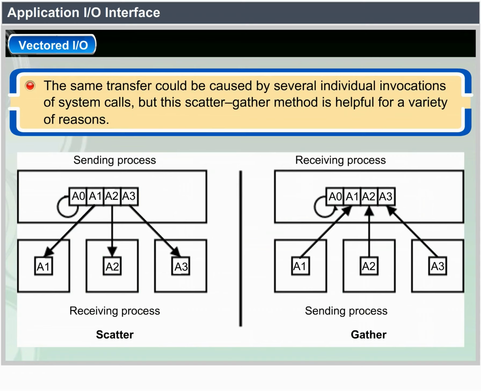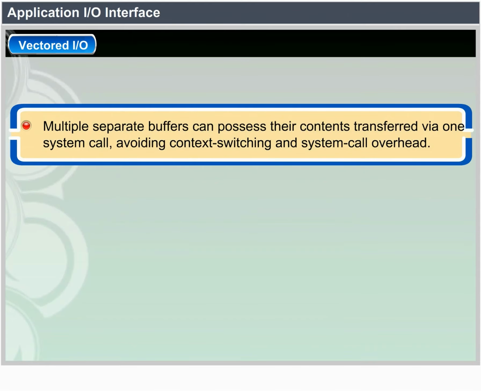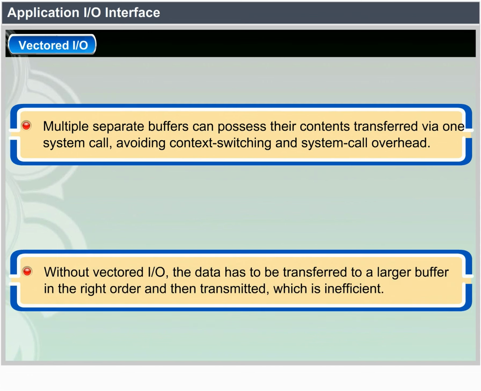The same transfer could be caused by several individual invocations of system calls, but this scatter-gather method is useful for a variety of reasons. Multiple separate buffers can have their contents transferred via one system call, avoiding context switching and system call overhead. Without vectored input-output, the data might first need to be transferred to a larger buffer in the right order and then transmitted, which is inefficient.